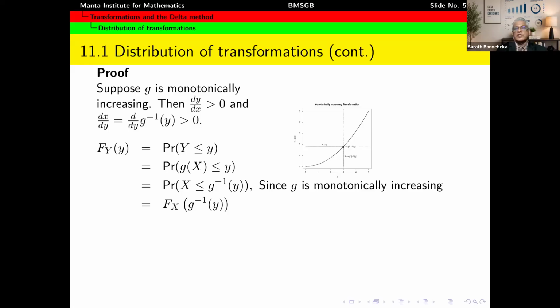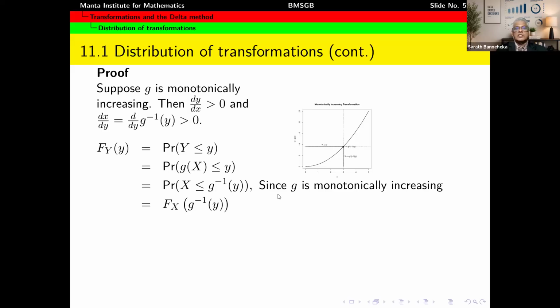That is coming from the definition of the cumulative distribution function. This definition is actually correct for a discrete random variable or a continuous random variable, both. But here we are considering a continuous random variable. So now we can write this random variable Y in terms of the transformation, because we know that Y equals g of capital X. So just replace Y by g of X. So we get this expression.